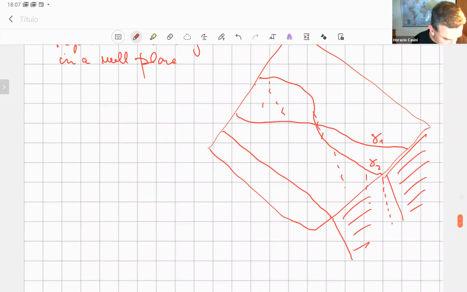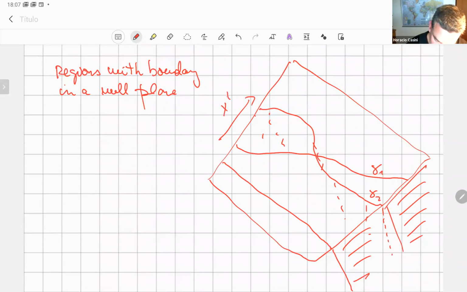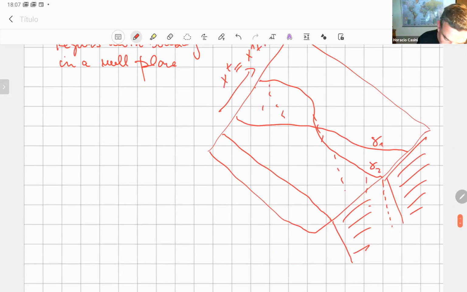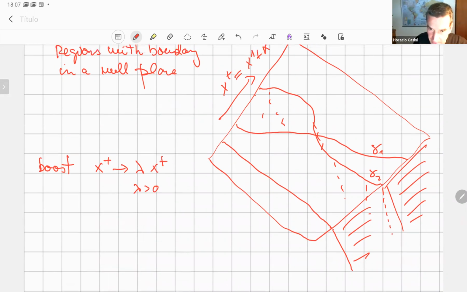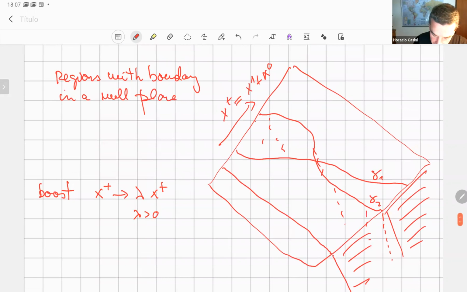And what happens for these curves is that on the null plane, let me call this coordinate x plus, it's a null coordinate. If you produce a boost, it will move x plus to lambda x plus with lambda positive. It's just a dilatation in the null plane, a boost.